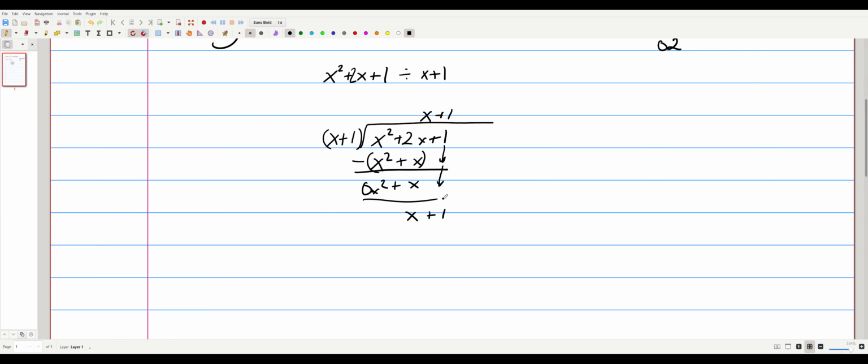And so if we multiply 1 times x is x, 1 times 1 is 1, and now if we subtract, we get 0. So our answer becomes x plus 1 plus 0 over x plus 1. And because this is 0, 0 over any fraction is 0, and our solution is just x plus 1. Okay? So if for some reason we did have a remainder, you just put the remainder over x plus 1.